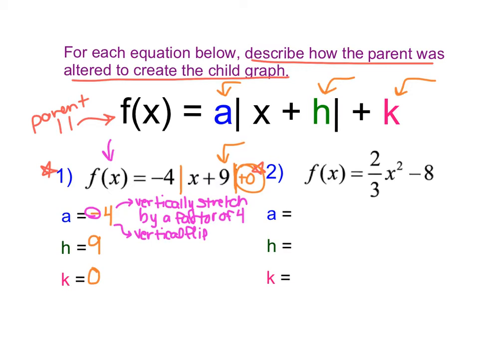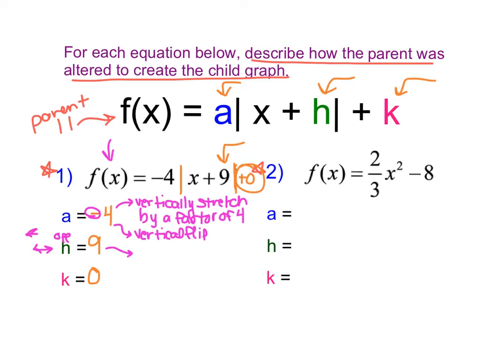Then from here we have our horizontal change, which is the h value. This is going to horizontally shift our graph. Now remember, h works the opposite of what we expect. So if this is a +9 here, it's not going to go in the positive right direction, it's going to go in the negative left direction.